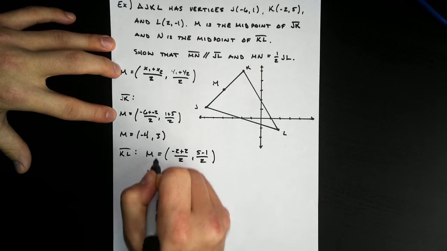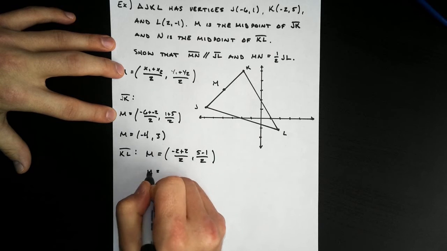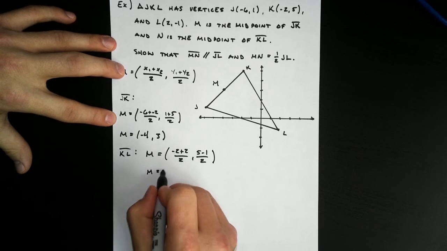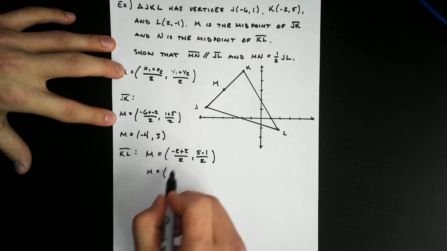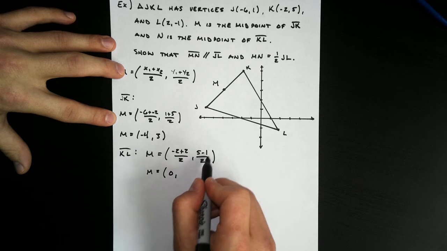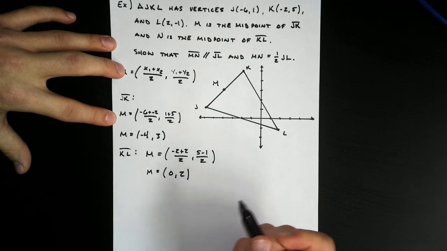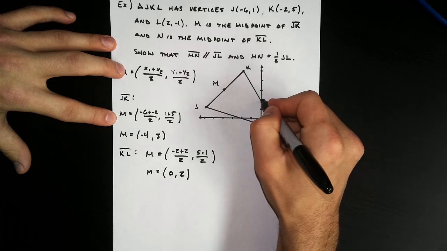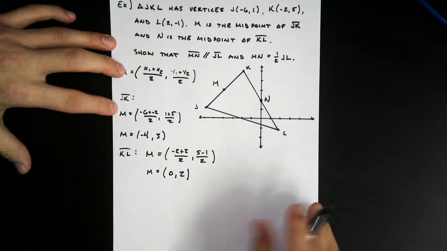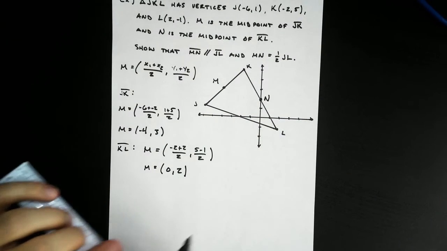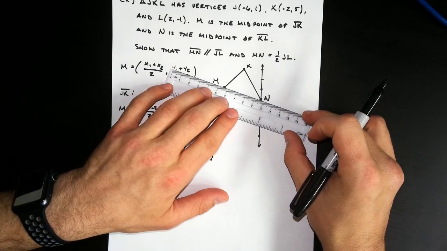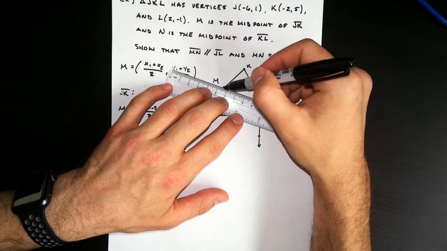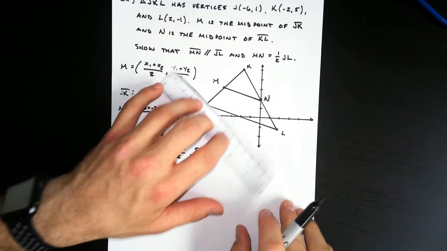Okay, so this should be N, but M for midpoint. So that's going to be 0 divided by 2 is just 0. 4 divided by 2 is 2. So 0, 2, there's point N. And connecting those together, we get a midsegment.